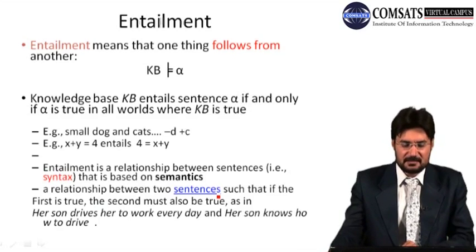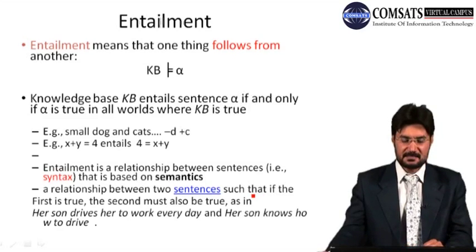So minus d doesn't apply to c. In this case we are very clear, we know that minus d is only with D, and it's not with C. So this means D is for dog and C is for cat. So in this case we can very clearly understand it.